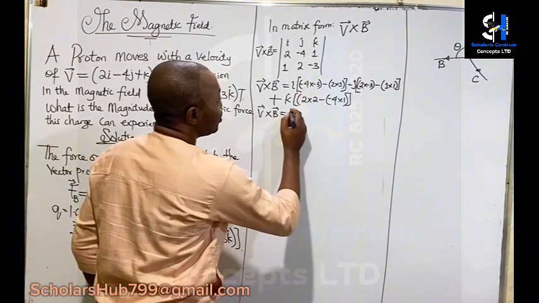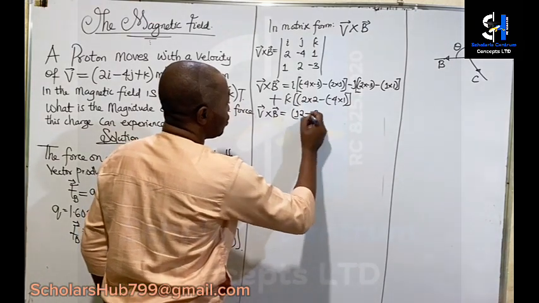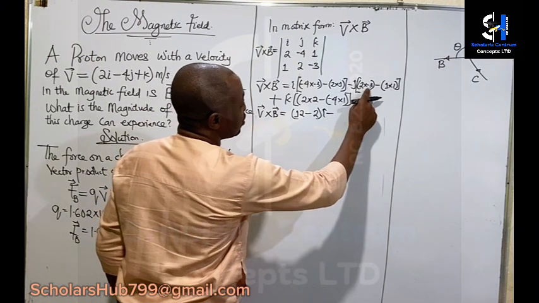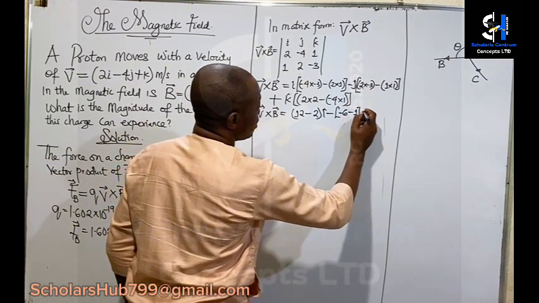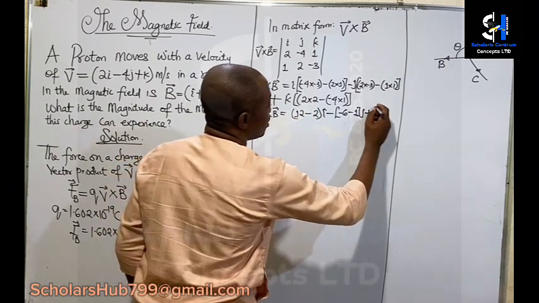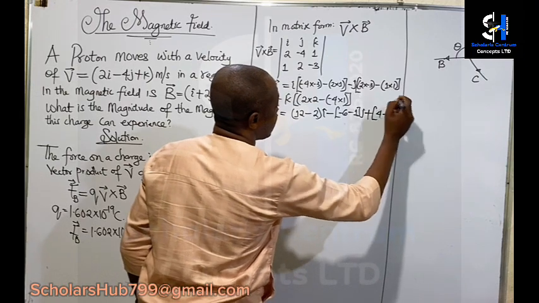So in this case, this will be 12 minus 2, i, then minus 6 minus 1, j, then plus 4 plus 4, k.